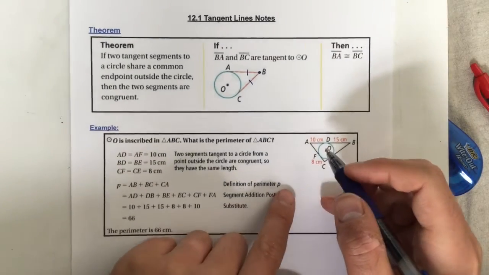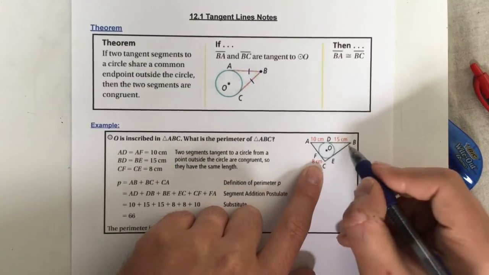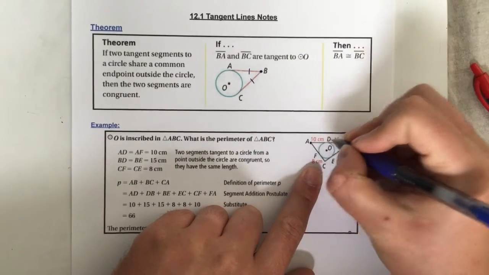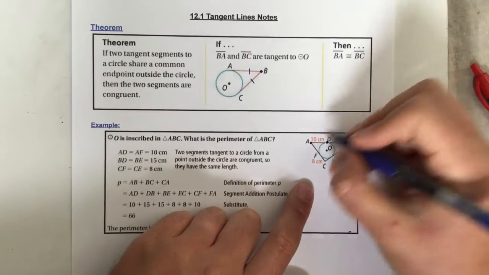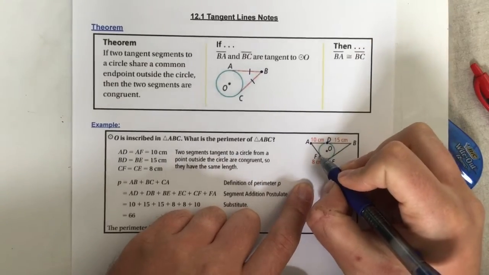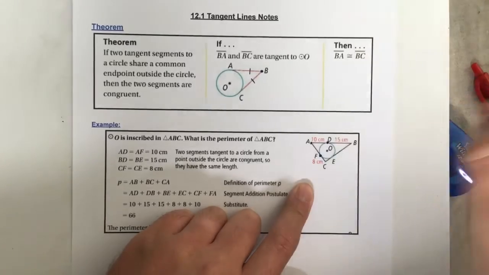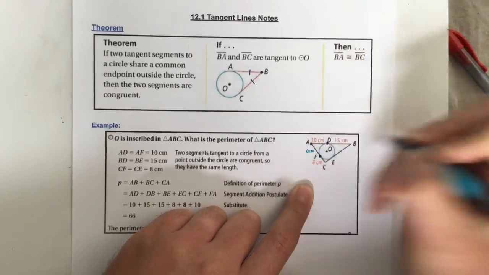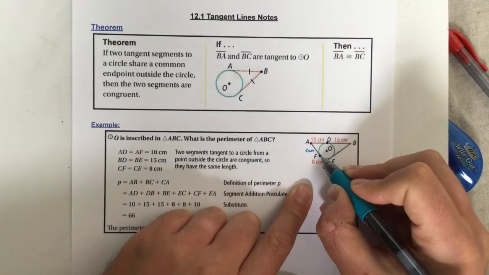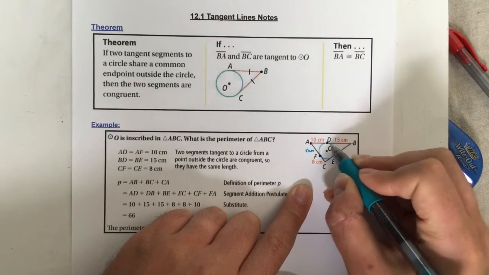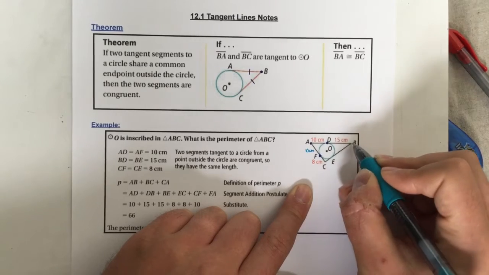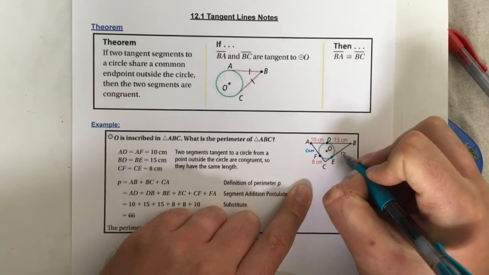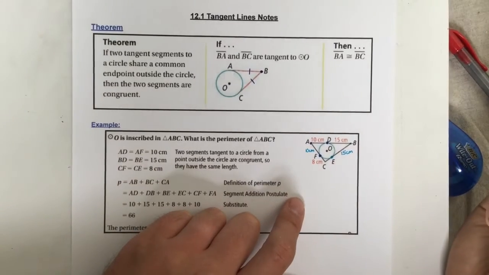In this example, if I know that these lines are tangent to our circle, I actually know that if this is 10 centimeters from A to D, then that's the same as from A to F, meaning this one should also be 10 centimeters. If I know that the length from B to D and BE, they're both tangent, they both intersect at B, that means this one would also be 15 centimeters.